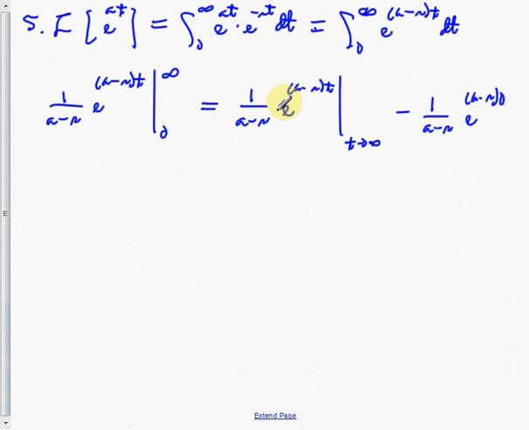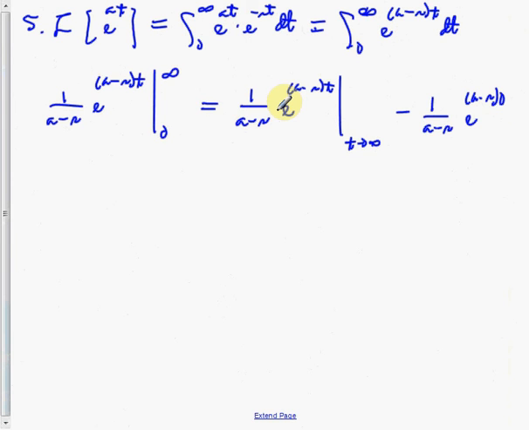And then that would give us this first term going to 0. Do you see that? If a minus s is negative, then this guy just jumps downstairs and is 1 over e to the a minus s times t, and that fraction would go to 0. So we make that restriction.